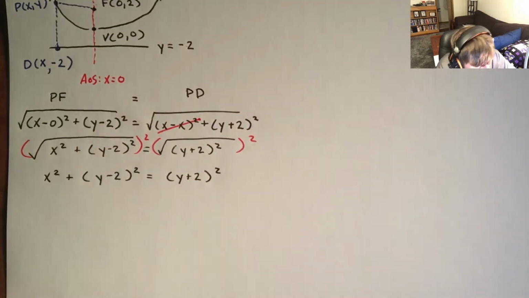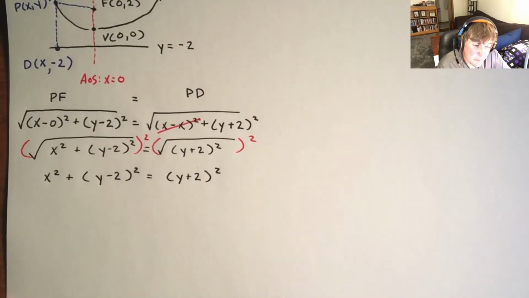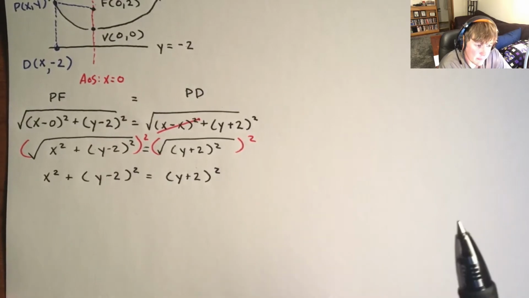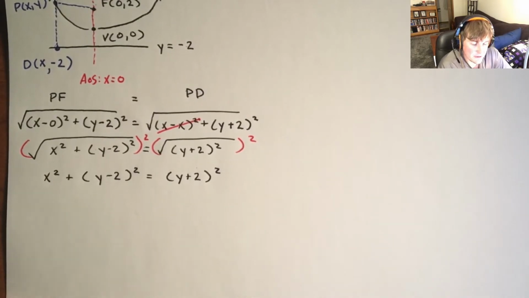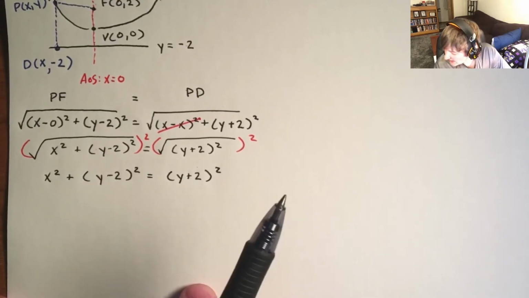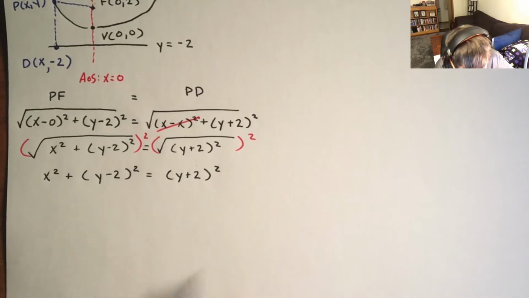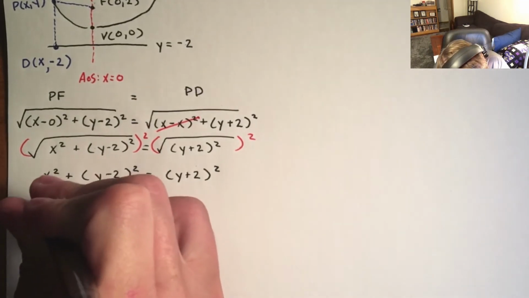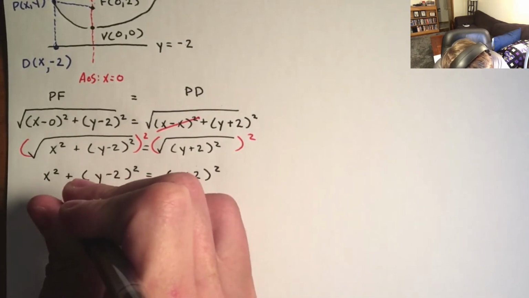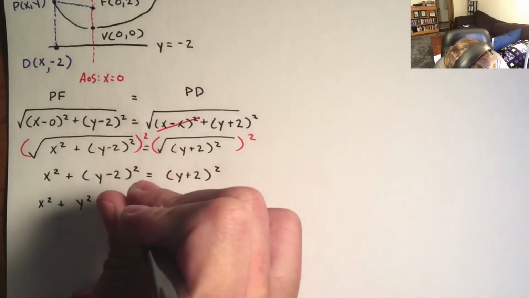All right. So then next, I would need to expand this, the same way we did just above where we reviewed the FOIL method. We did the box method though. So we just have to expand this out. I actually already have those answers. For the sake of time, this is going to be x squared plus y squared minus 4y plus 4.